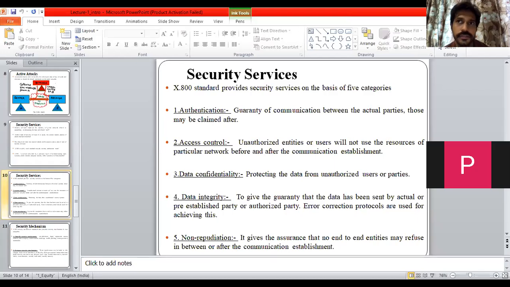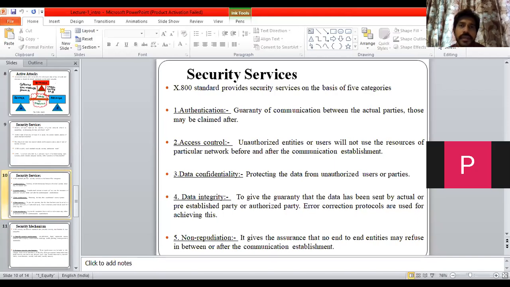Before establishing the connection, it is something like this: if anyone wants to call his or her friend, the number of that particular person is in the phone, or you have saved that number, only then you can make a call.